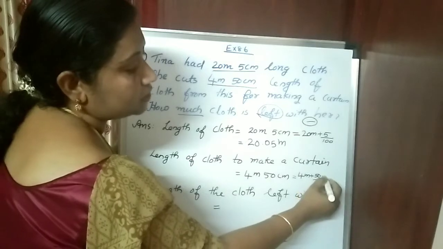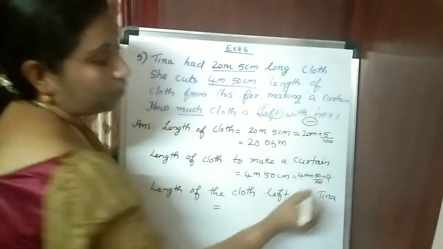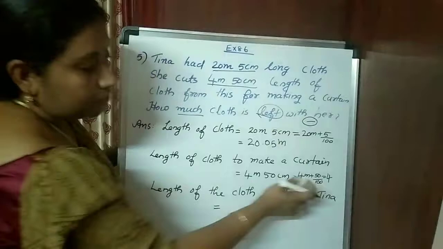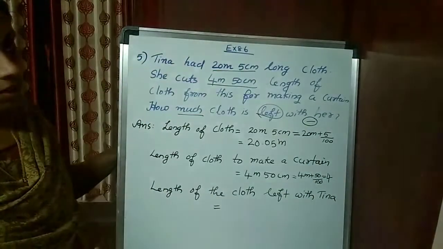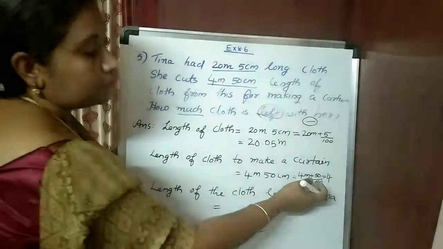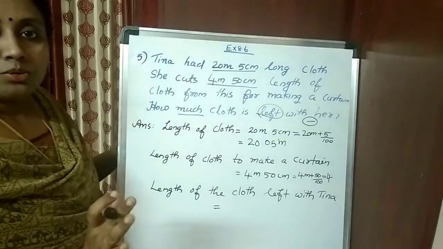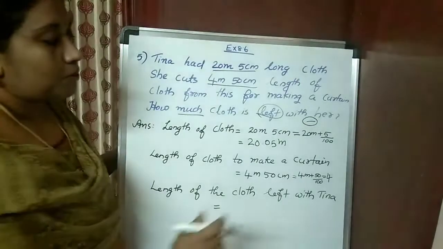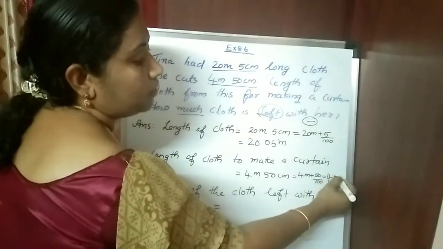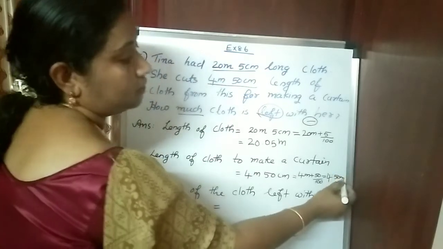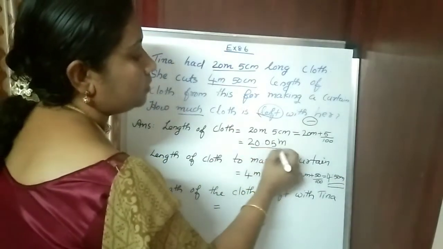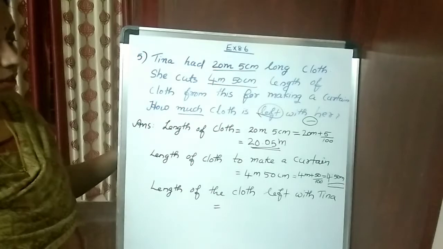Here you listen, which is the whole number part? 4 dot. Then 50 by 100 means, what is the decimal form? Here 2 zeros in denominator, also 2 digits are there in the numerator. So you simply put a dot and 5 0, that much meter. Okay. So these are the 2 given things.